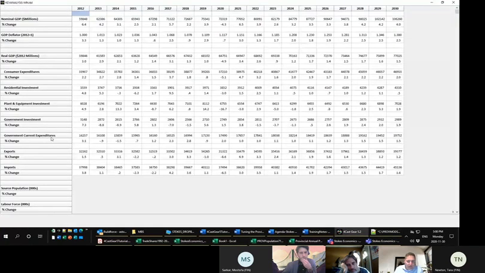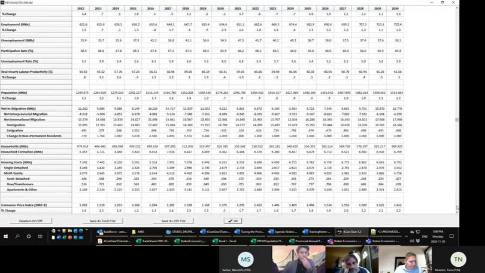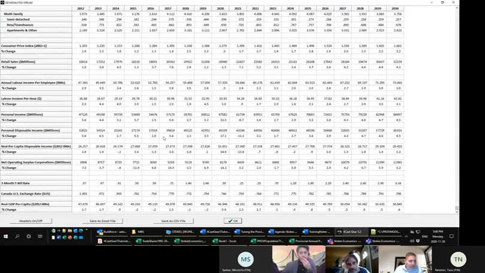So I come into the key analysis table here. We have our net operating surplus on corporations at the bottom of the income section, right at the bottom of the table here. We are assuming about a 16% rise in corporate profits this year.